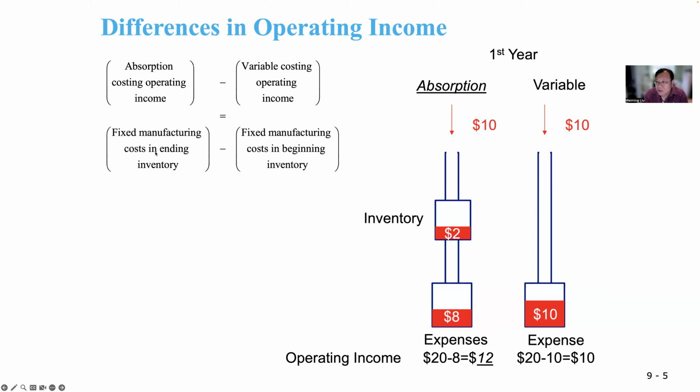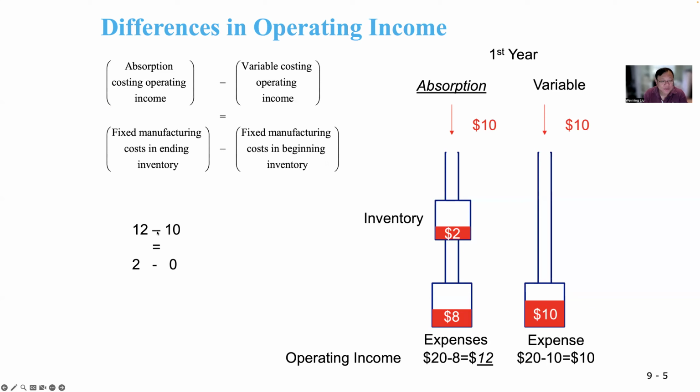So let's test this formula using this example. I know that my absorption income is $12. My variable is 10. So 12 minus 10 equals my ending inventory, the fixed manufacturing cost left here, which is $2.